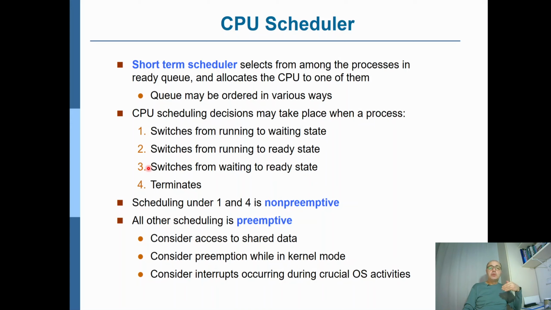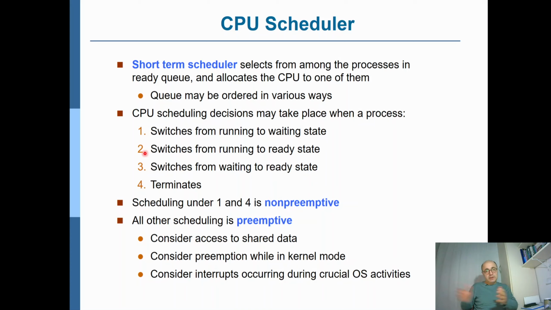forcefully removed from the CPU. Remember, in case 2, the process wanted to continue in the CPU, but its time was over. So you preempt that process from the CPU. And in case 3, the process again wanted to continue, but the I/O operation of another process was completed.